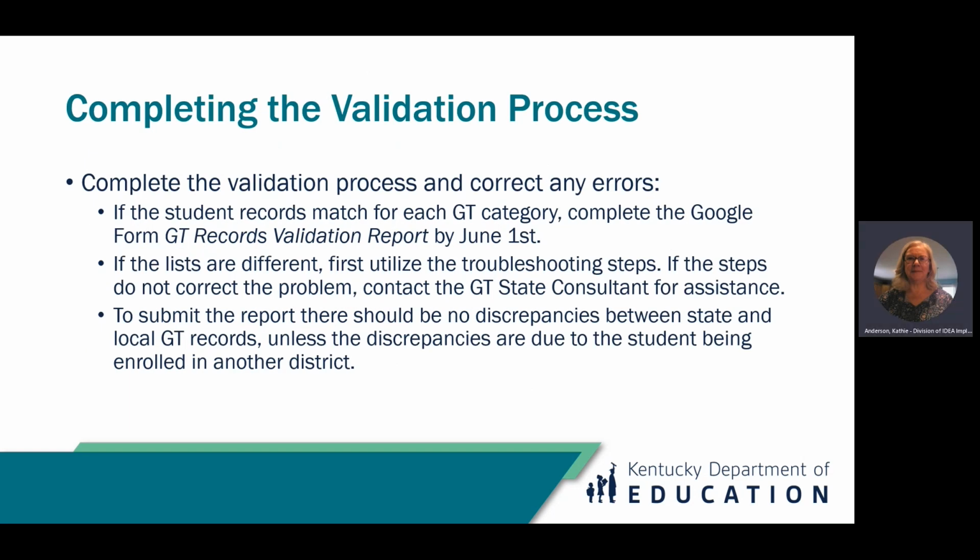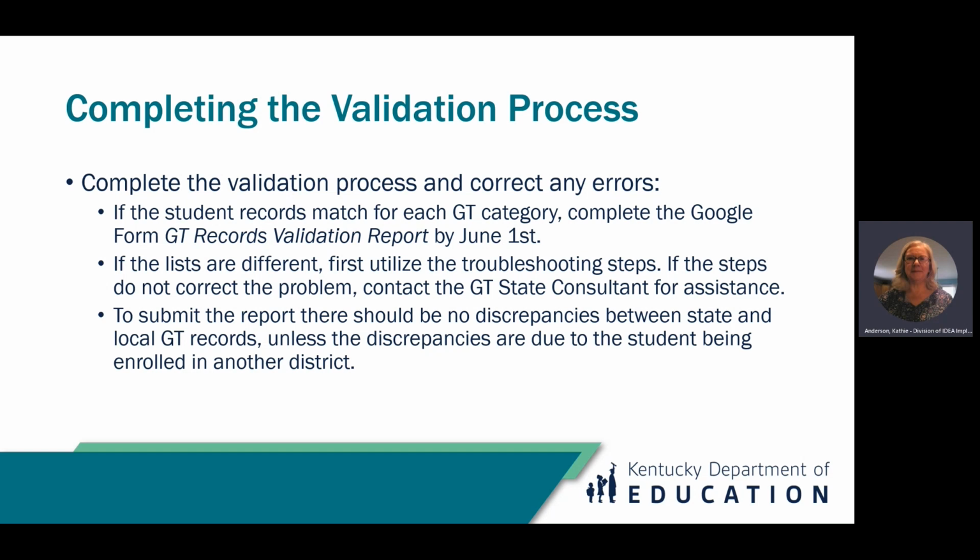Complete the validation process and correct any errors. If the student records match for each GT category, complete the Google form GT Records Validation Report by June the 1st. If the lists are different, first utilize the troubleshooting steps. If the steps do not correct the problem, contact the GT State Consultant for assistance.